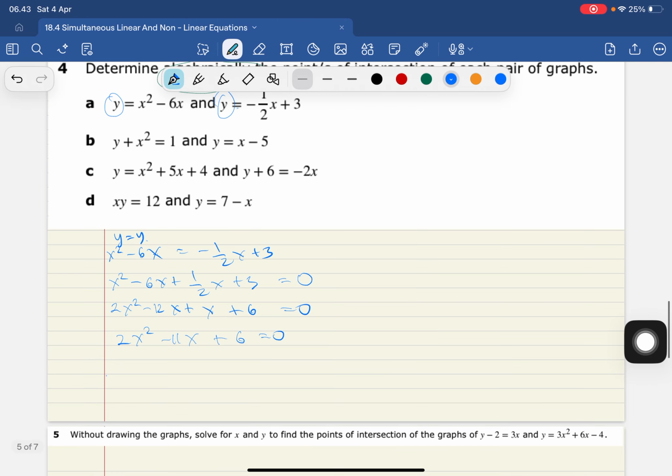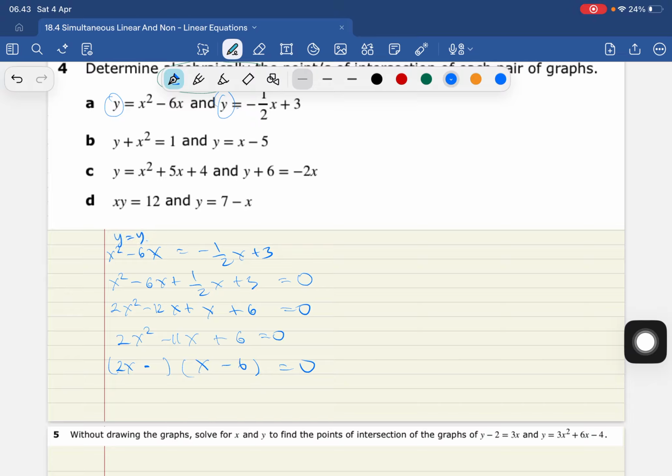Let's factorize it. It's going to be 2x in one bracket and x in the other, with minus 6 and minus 1 to make 11.